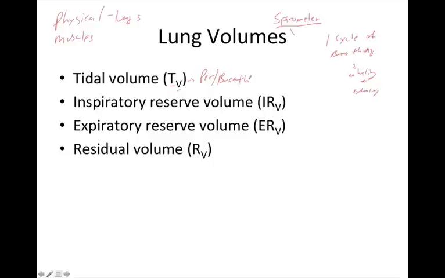I've said this before in other videos and in lectures in my class, that the average volume of air that a person at rest breathes in and out is about 500 milliliters per breath, which would equal 0.5 liters. So basically with every breath, we're taking in half a liter of air.